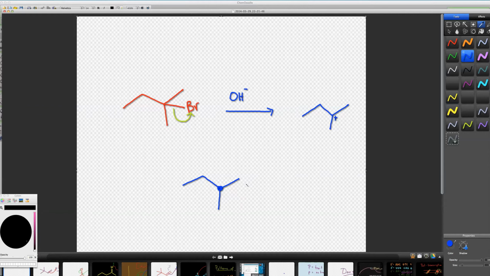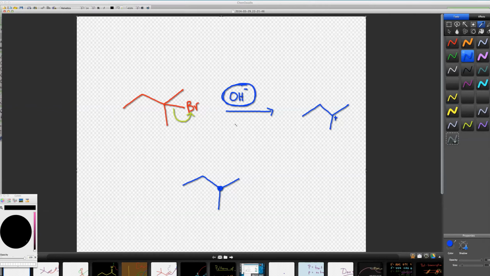Now, I can't really draw this in the plane of the screen, but you're going to have a P lobe that peels out of the plane of the screen coming directly towards you, and one that goes into the plane of the screen directly away from you. And OH minus can attack either one. Now remember, the leaving group, when it leaves, is going to come out of the plane of the screen towards you. So it's going to block, if you will, some of the hydroxide attack from the front.